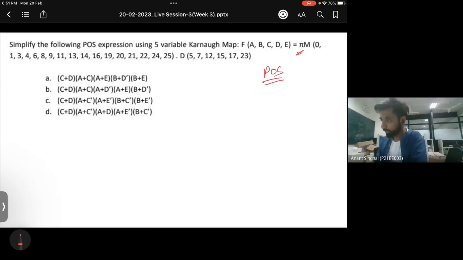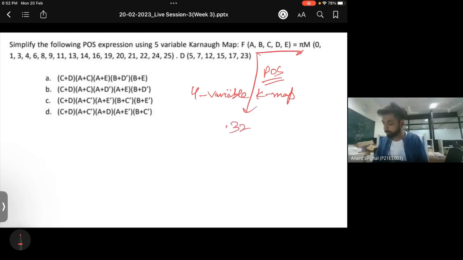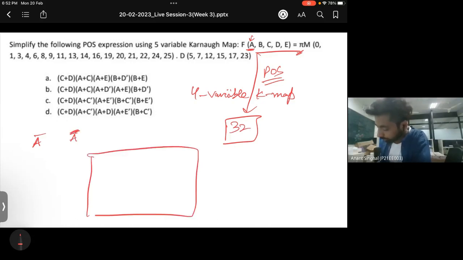So this is a five variable K-map question, and we'll try to solve it using a four variable K-map. For five variables, we know that we need 32 bits. So we're taking one of the variables as a bar and one of the variables as a. Sorry. So we'll make two four variable K-maps.